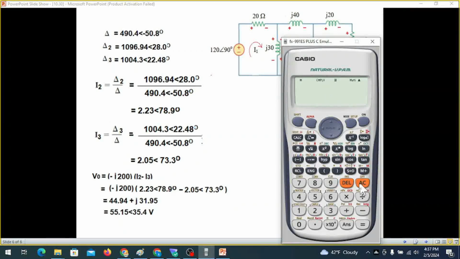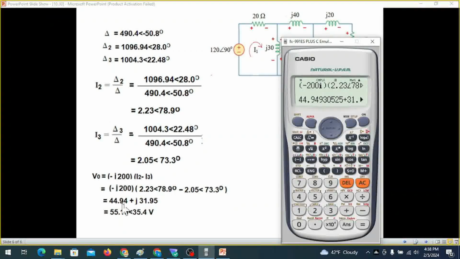AC bracket, minus 200I, bracket close, then bracket 2.23 shift angle 78.9, minus 2.05 shift angle 73.3, bracket close, equal sign.